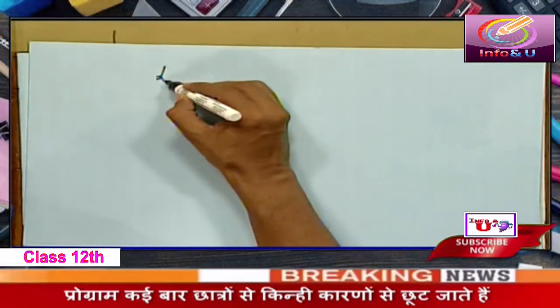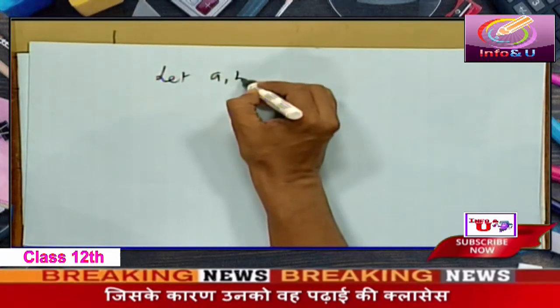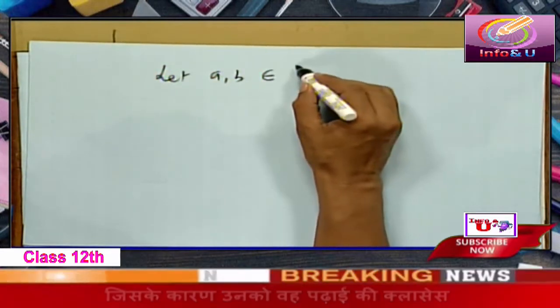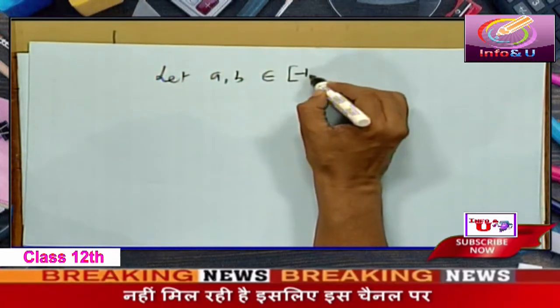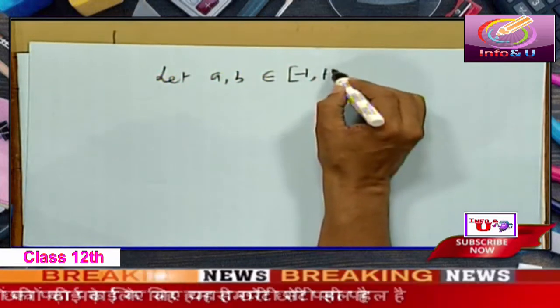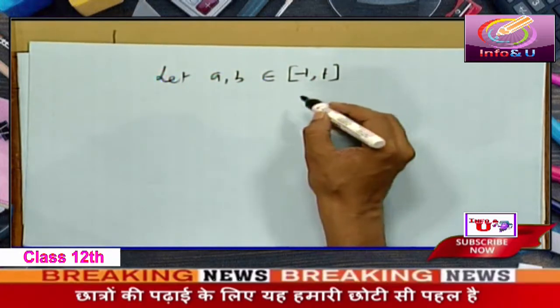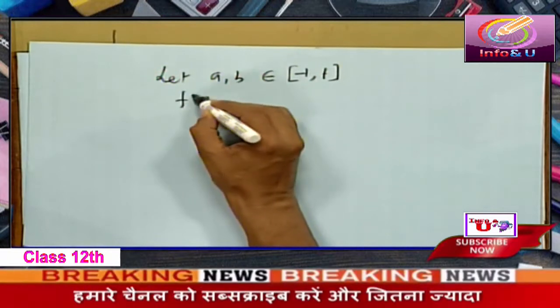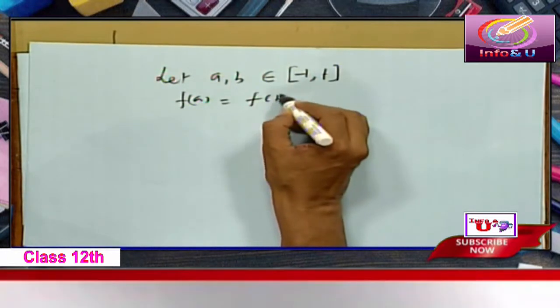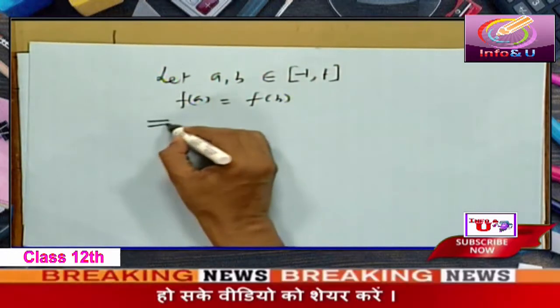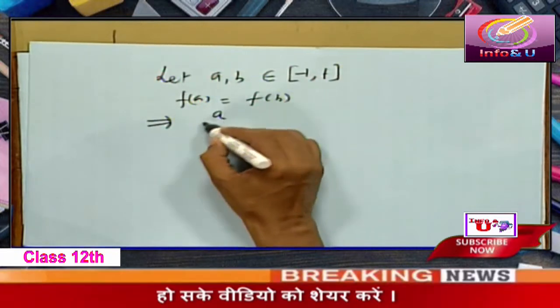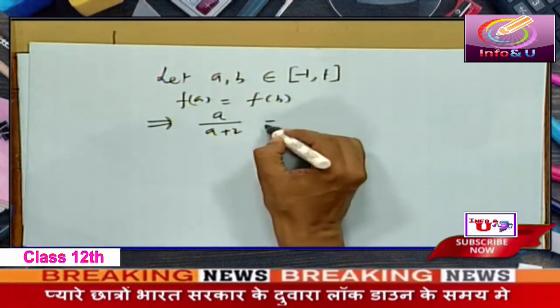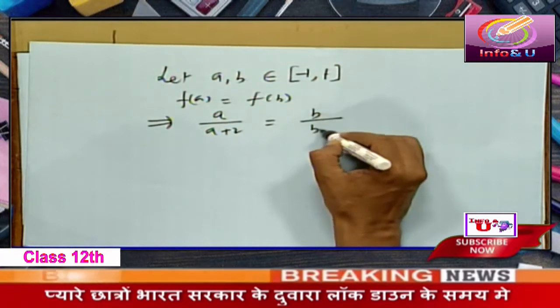First of all, we have to show that f is 1-1. For this, let us take two elements a and b belonging to closed interval -1, 1. Suppose f(a) is equal to f(b). This implies a upon a plus 2 is equal to b upon b plus 2.